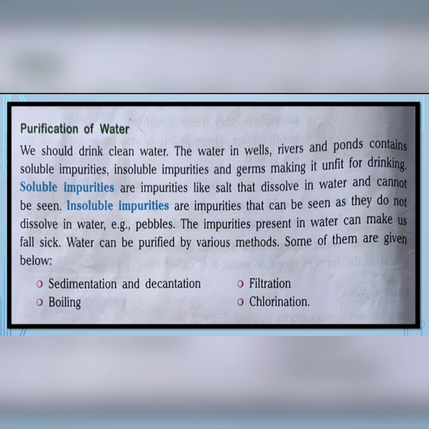And including impurities, there may be some germs also which may cause disease in our body. That's why we need to purify water before drinking. And there are various methods for purification of water, for example, sedimentation and decantation, filtration, boiling and chlorination.